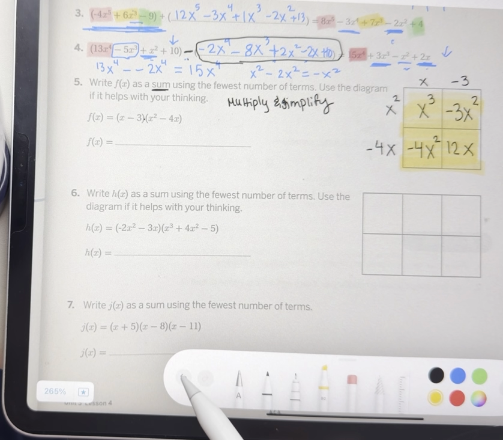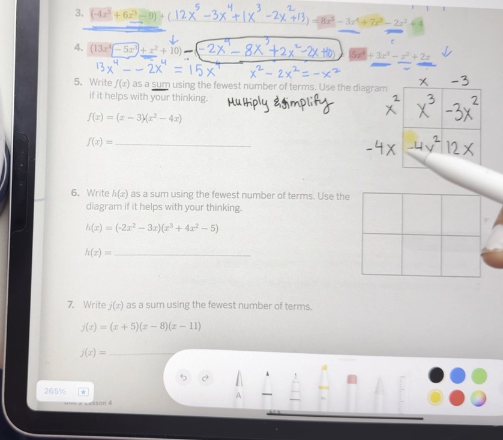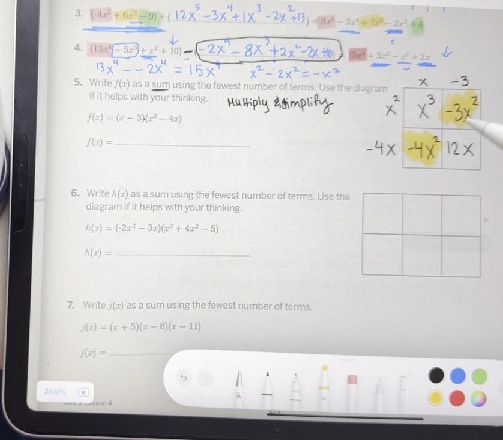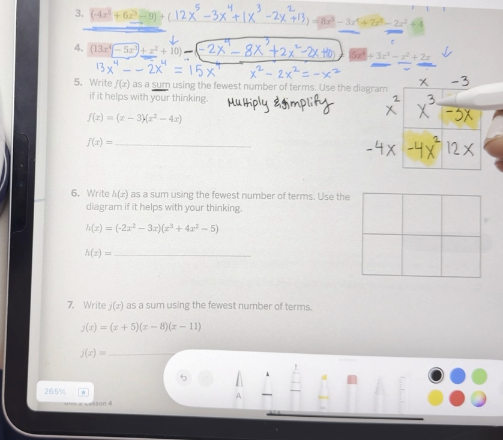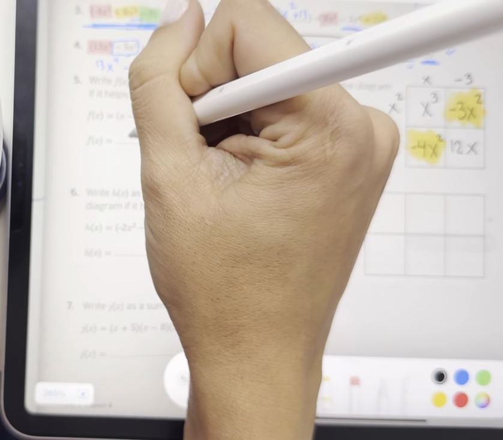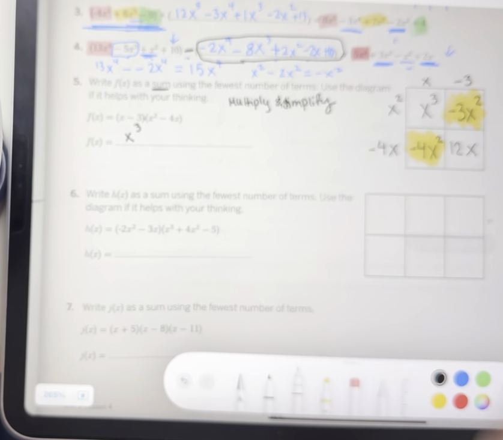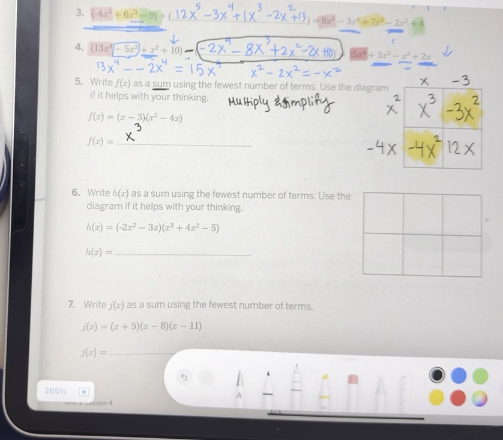However, notice that this and this are like terms. So we're just going to combine the like terms as we write it. My biggest exponent should go first. That's the x cubed. And then after that should be my x squared.